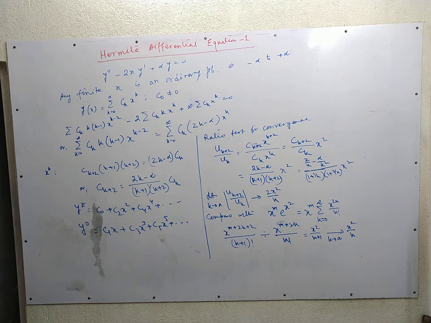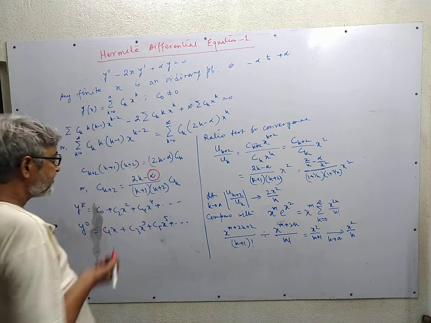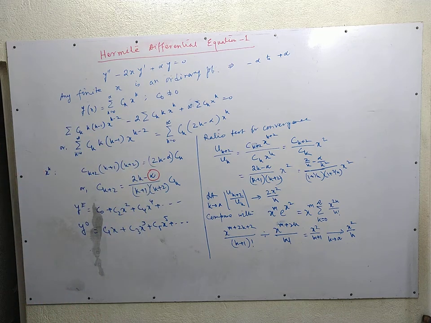So what is the way out? The way out is here. Here we assume that alpha is any real quantity, and we found that for any real alpha value, both the solutions of Hermite differential equation have asymptotic divergence.